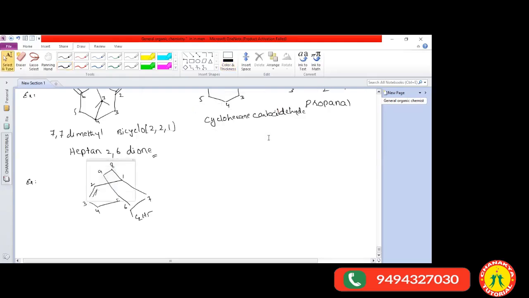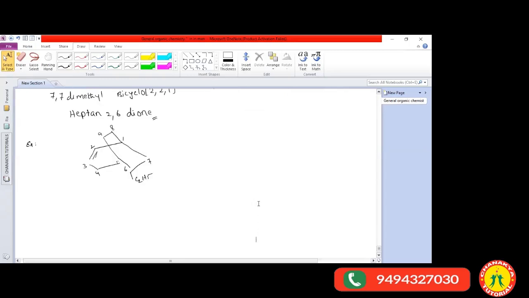Total how many carbon atoms are there? 9 carbon atoms are there. Is it right? Yes, sir. So the name is 6-ethylbicyclo[3.2.2]non-2-ene.